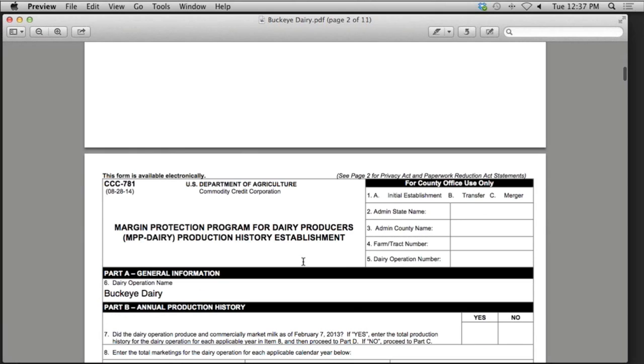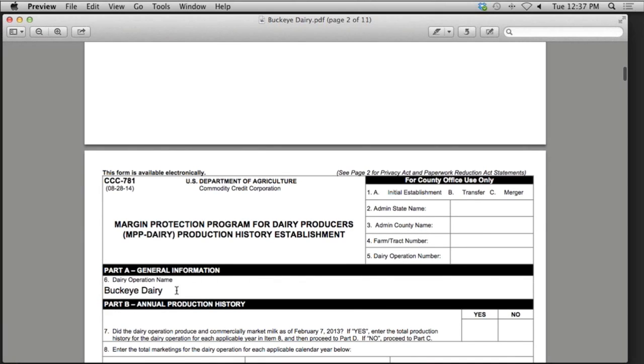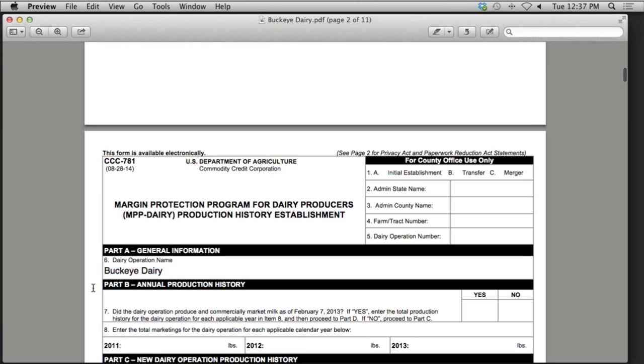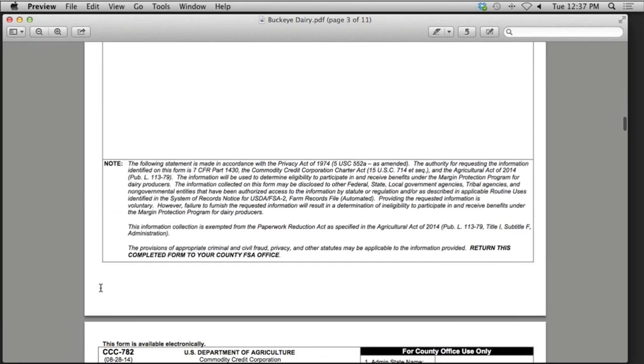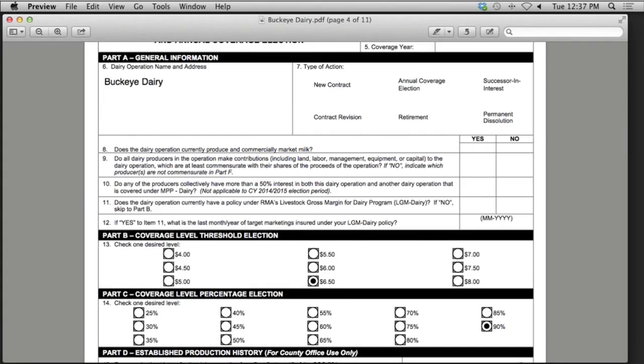As we move down here, we see that my dairy operation name has been populated, Buckeye Dairy. And if we move down, we see that my coverage options of 6.50 and 90% have been populated for me. Users can do this on a phone and get a PDF and then email it to themselves. So on any electronic device, you can generate this PDF and make informed risk management decisions.